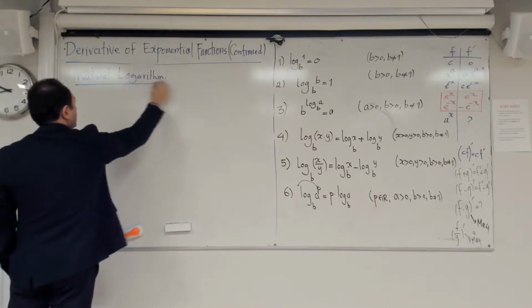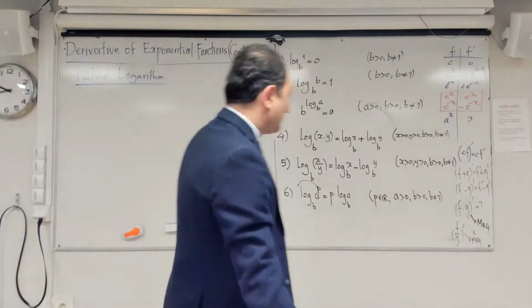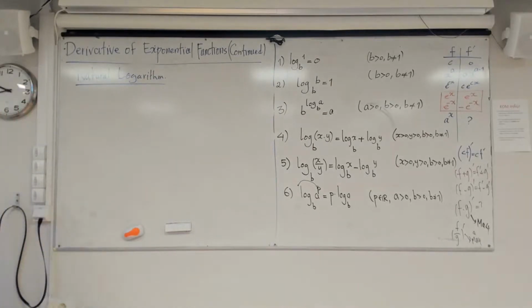So what is a natural logarithm? A natural logarithm is also written as simple. Do you remember I told you that if the base is 10, you don't write it, but if the base is the Euler number, it becomes a natural logarithm. As simple as that.